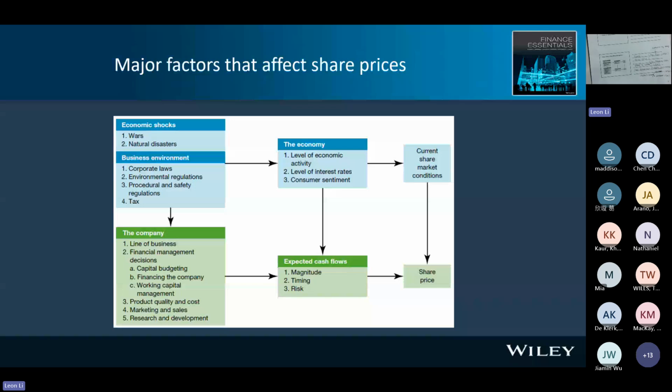The systematic factor is the factor that will affect all the companies in the market, right? On the other hand, the company decision is an unsystematic factor. So a manager can only control the unsystematic factor, right? But the systematic factor is important, and the manager is unable to control it, right?